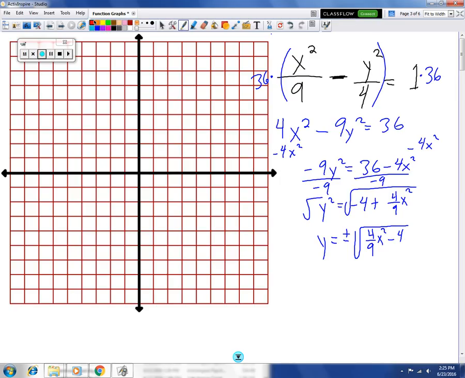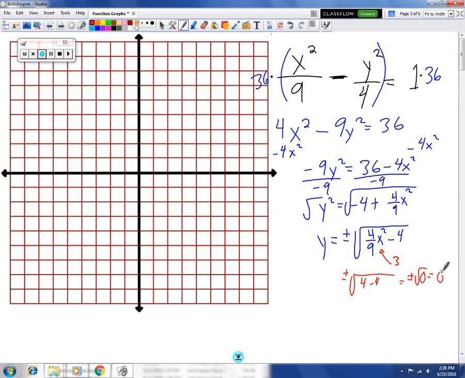What would be an easy x? I see that 9 under the 4 over 9 in front of x squared. So if I pick x to be 3, 3 squared is 9, and that 9 divided by that blue 9 would cancel out. So I would have plus or minus the square root of 4 minus 4, which is 0.